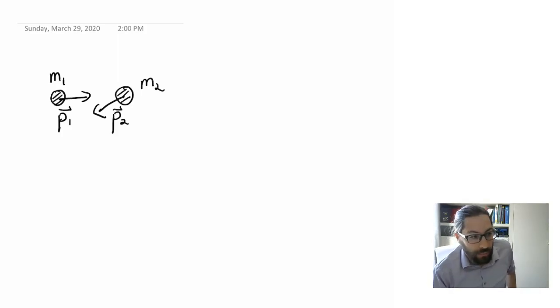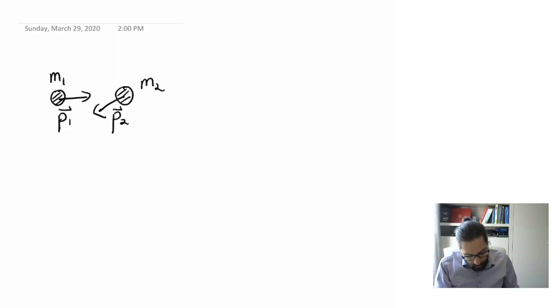And this is all we know. So we don't know if the collision is elastic or inelastic. If it's inelastic, we don't know how much energy was converted from kinetic energy to something else. And we don't know anything about the final momenta of these particles. So in this case, we don't actually have enough information to solve the problem. And I'll show you what I mean by that.